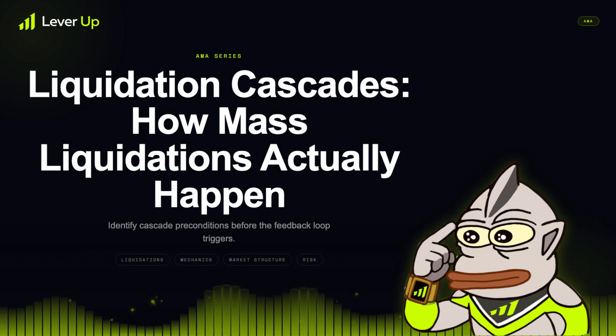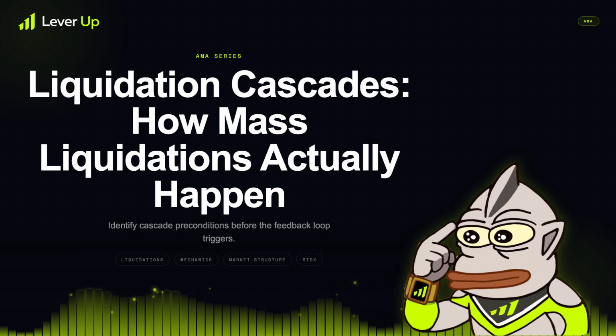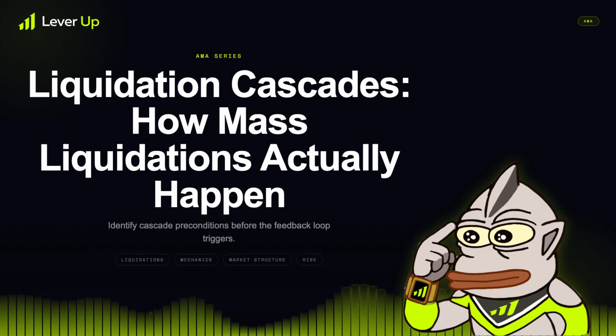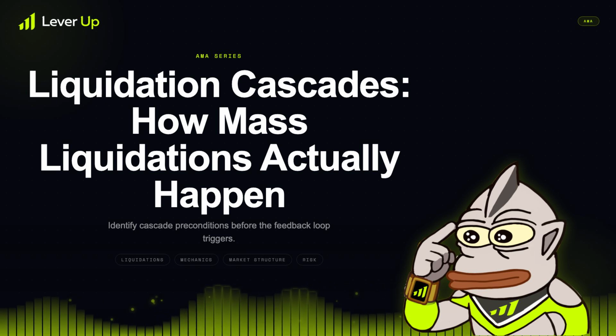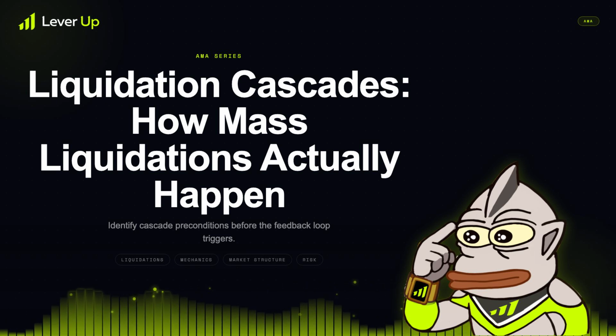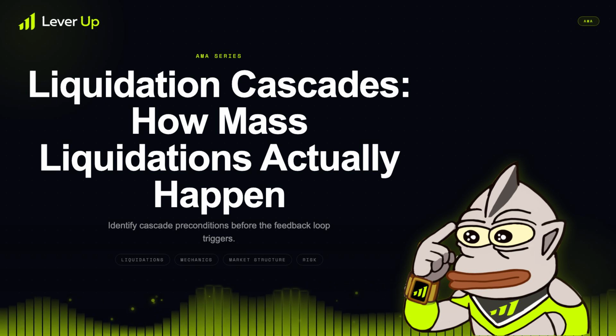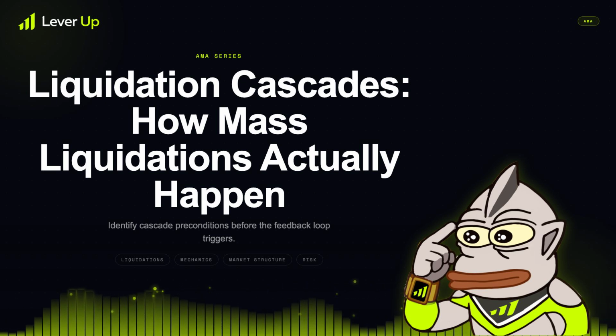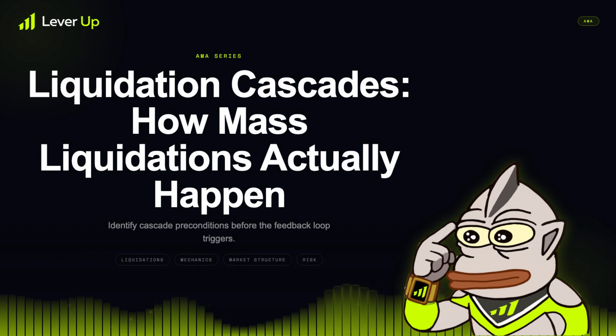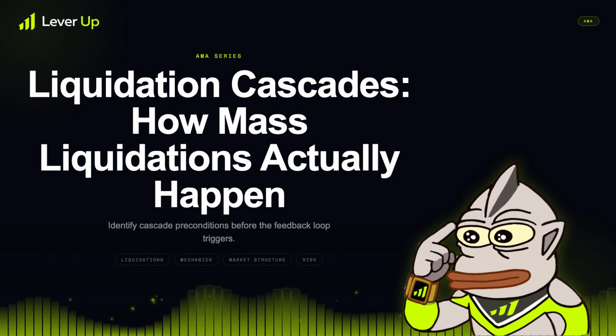On LeverUp's protocol-managed virtual liquidity architecture, there is no external LP layer for that contagion to propagate into. Execution and settlement responsibility sits at the protocol layer, and the risk engine operates independently of external liquidity provider behavior. Cascades still happen on LeverUp.